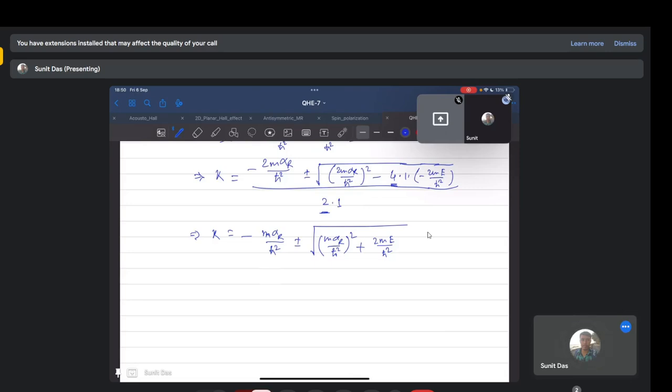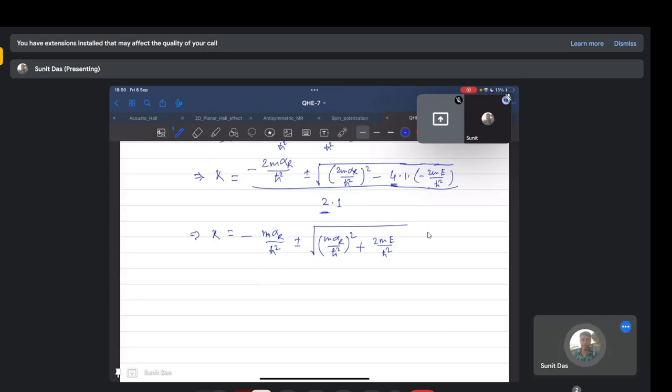for positive energy. Now we need to find what is physical and what is not a physical k. In polar coordinates, the radius cannot be negative, right? k is my radius in the polar coordinate. So if k is negative for any root, it is not a valid solution, it is not a feasible solution.